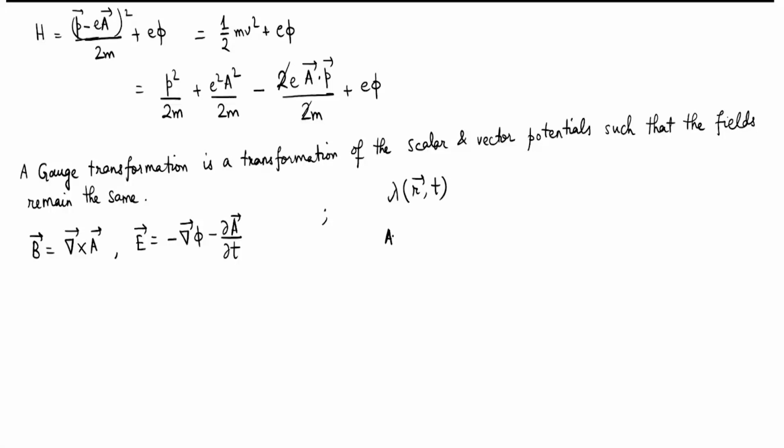If you transform the vector potential A to a new vector potential A prime, which is A vector plus gradient of lambda, and transform the scalar potential phi to phi minus del lambda del t, you see that the E and B fields will not change.